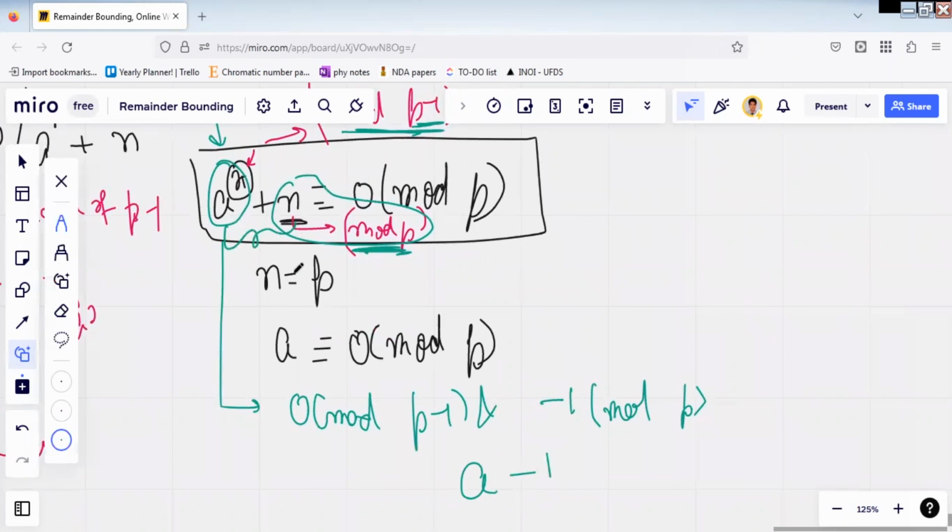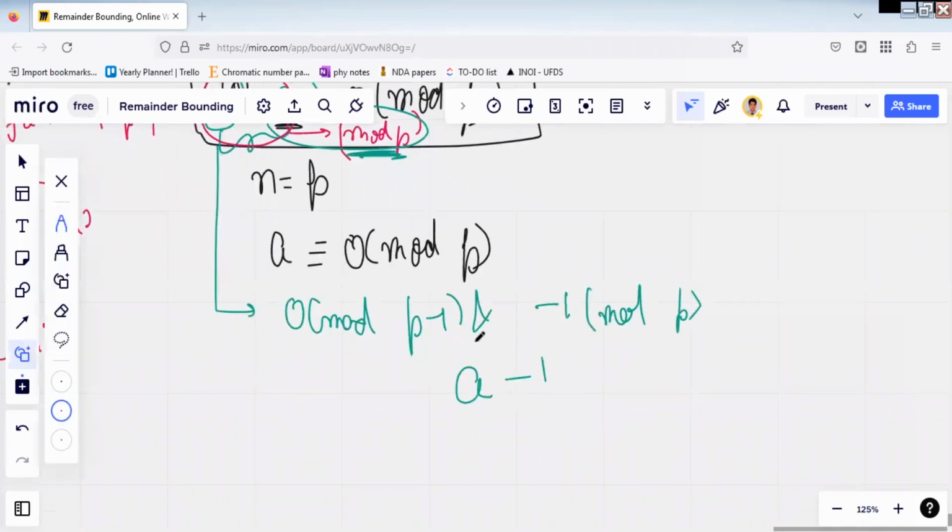Then this thing becomes like a minus 1, right? A to the 0 is 1, no? Oh, what am I doing? Fine, sorry. I thought 1 mod p minus 1.